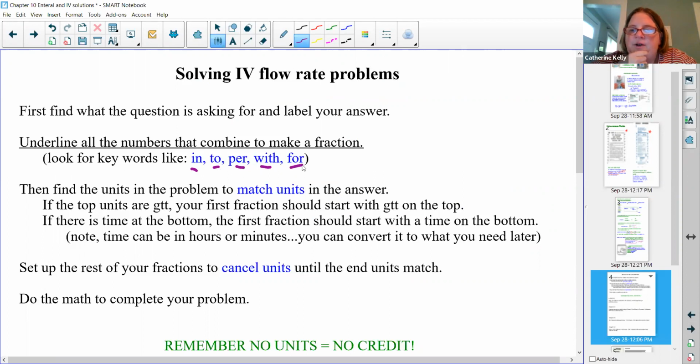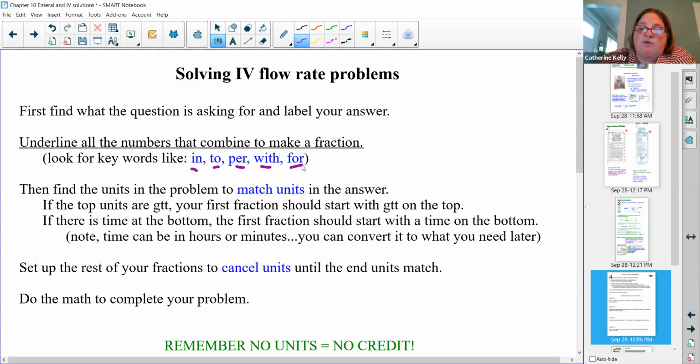Then we're going to find the units in the problem to match units in the answer. If the top units are drops, then your first fraction should start with drops on top, because if you start with drops at the bottom, you can't get them on top. So if there's a time at the bottom, the first fraction should start with the time on the bottom.